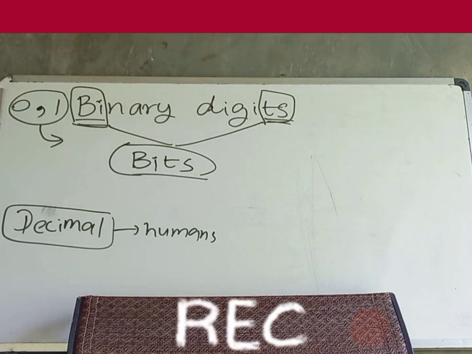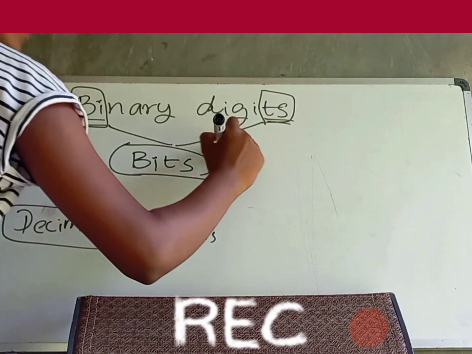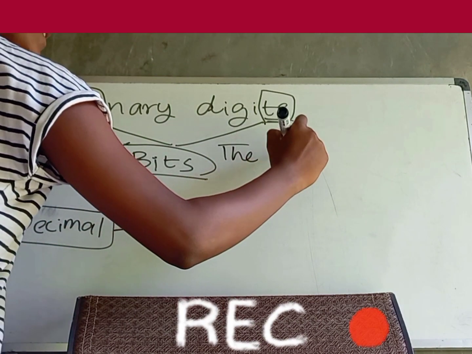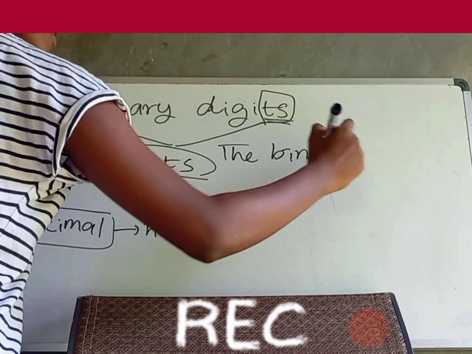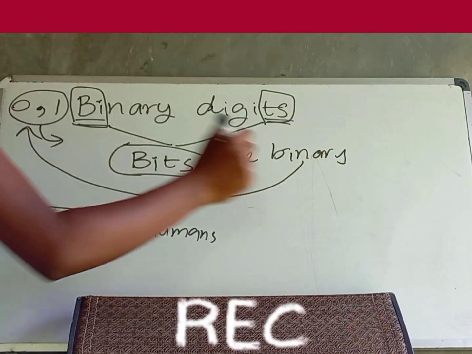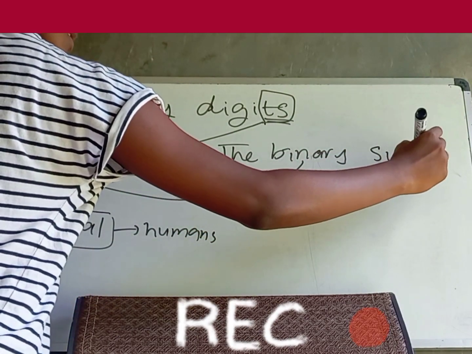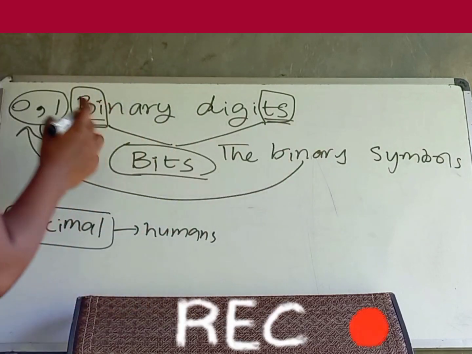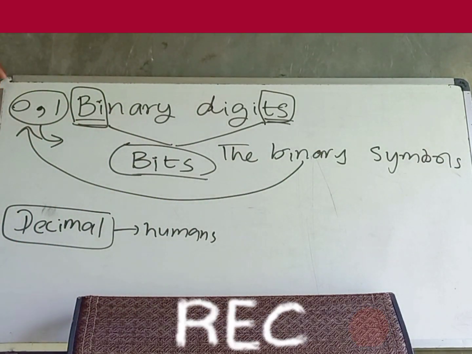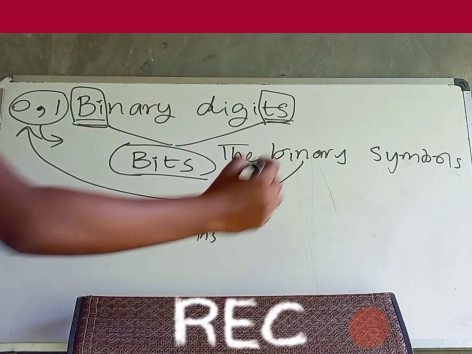Now they are asking, what are bits? Bits are the binary symbols, like we talked here. Easily you can familiarize with this. 0 and 1 are symbols.